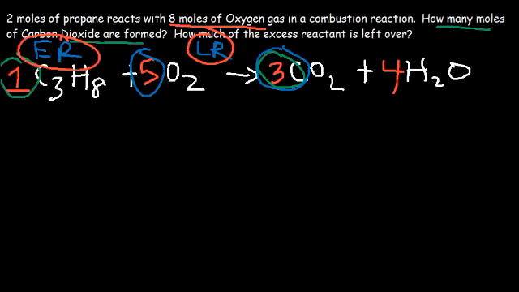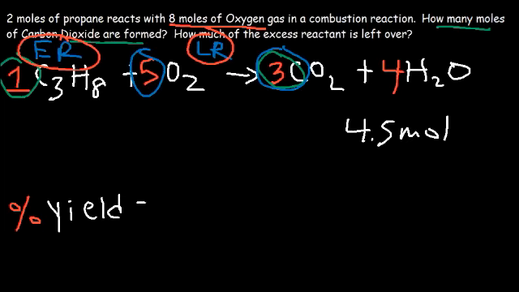Now let's say we did the experiment and we only measured 4.5 moles of CO2. What is the percent yield of this reaction? The percent yield is equal to the actual amount divided by the theoretical yield times 100%.